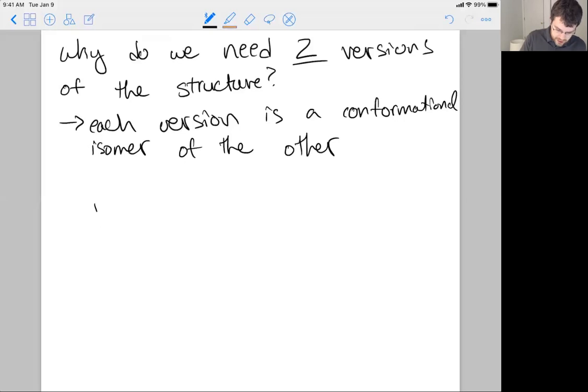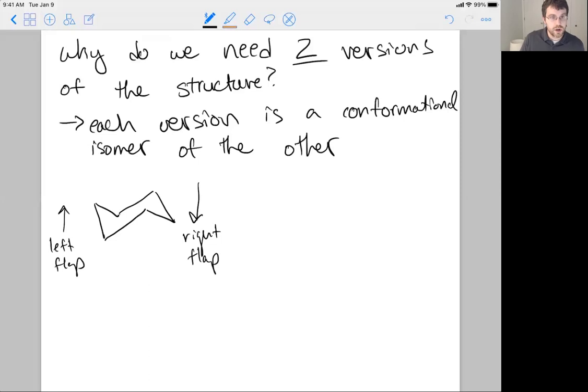That is to say, if I've got a chair structure that looks like this, where we have a left flap pointed up and a right flap pointed down, conformational isomers are molecules that differ in free rotation.